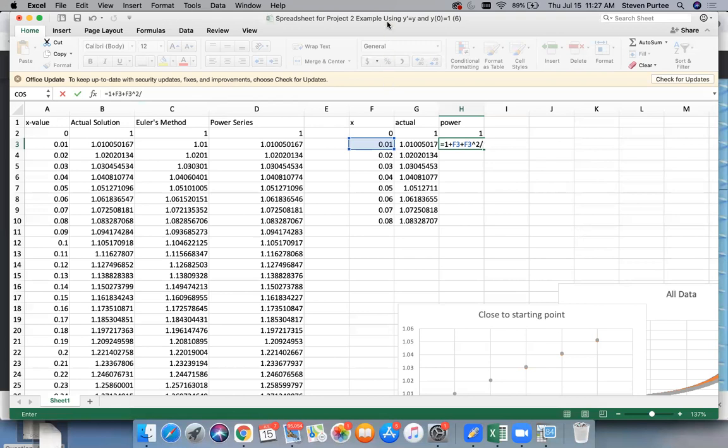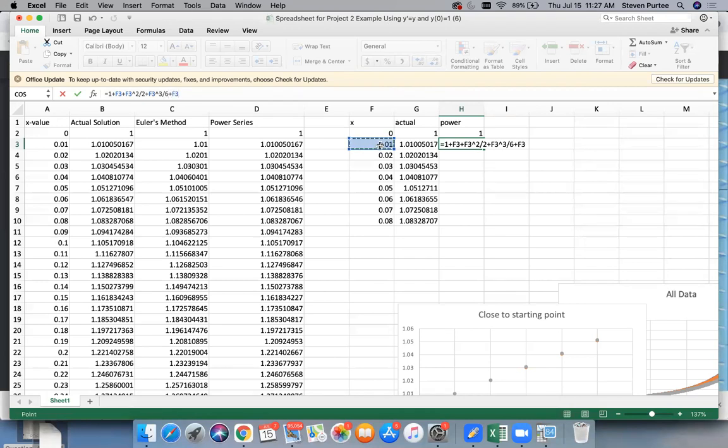I done goofed, hold on, divided by 2 plus my x value cubed divided by 3 factorial, which is 6. And I keep going.